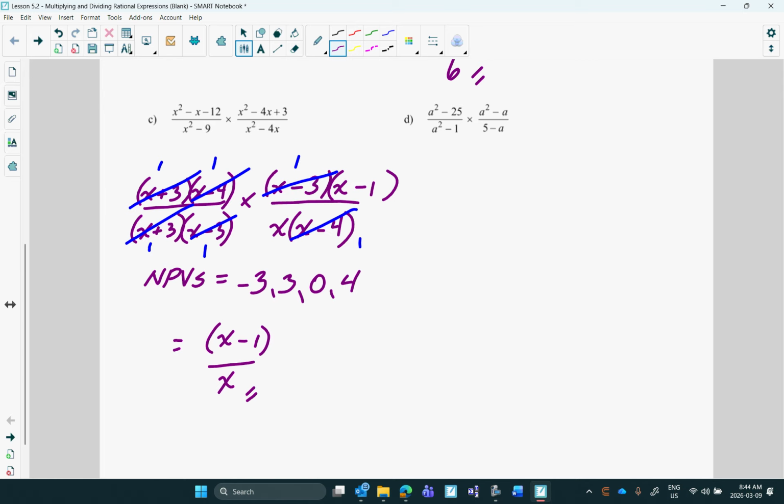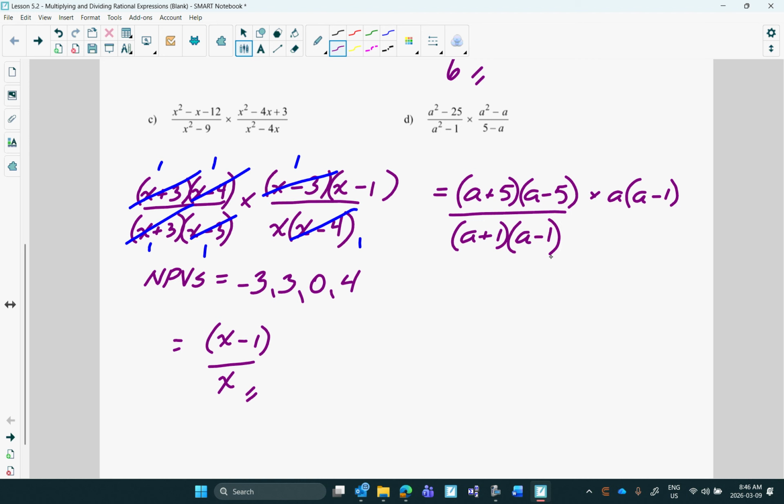You guys try D. At least see if you can factor everything you can. If you factor everything correctly, you should get down to that.